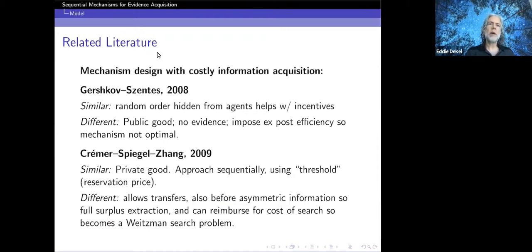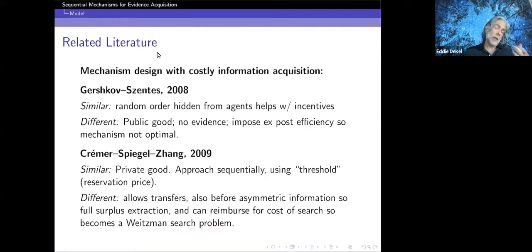Once the principal can extract the full surplus, he's facing a problem of designing the most efficient thing without any distortions, because he internalizes all of the costs. Since he's internalizing all of the costs, this becomes a search problem, and you solve the Weitzman search problem.